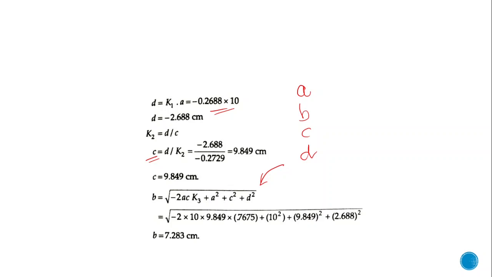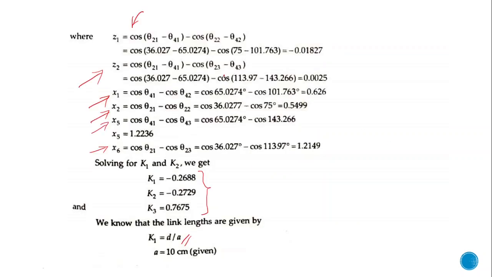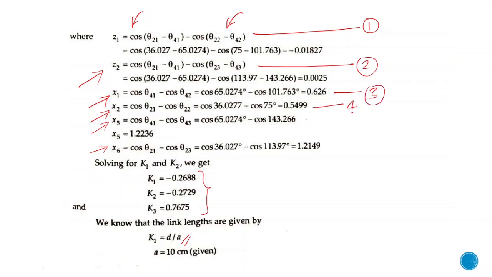These are all about the synthesis of the four-bar mechanism. For this purpose, we must know the equations for Z1: equation number 1, 2, 3, 4, 5, and equation number 6.